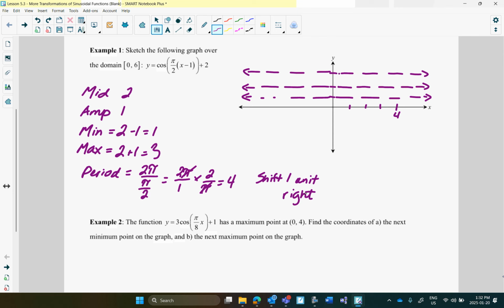So if we ignore this for the time being, it's a cosine graph, which starts up here, to the mid, to the min, to the mid, and to the max. Again, I'm just going to put arrows because I haven't restricted it yet.